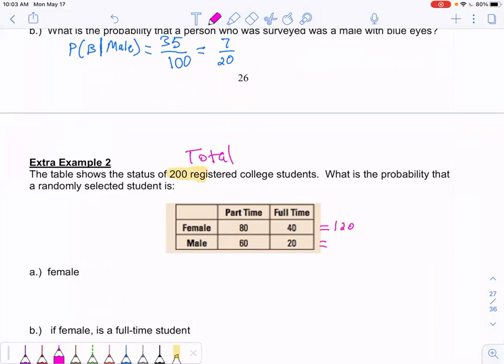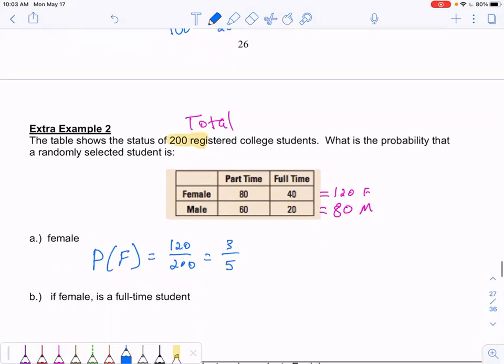How many male students are there? 80. So 120 female, 80 male. So Bill, what's the probability of female? 120 out of 200. Awesome. And who knows what that reduces to? Yeah, 3/5. That means 3 out of every 5 students is female.